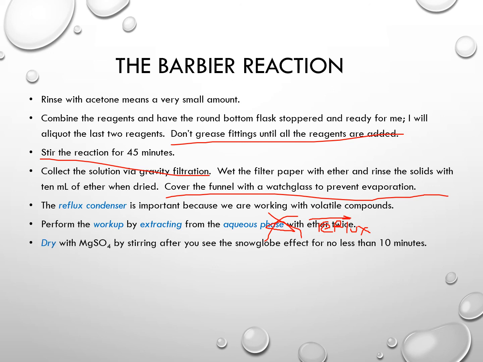Then we're going to be drying with magnesium sulfate. This time you are going to be stirring for 10 minutes with the magnesium sulfate. We just want all of the water out. Why is it different this time? Well, this time we're forming an alcohol. So we're expecting something in the IR to show up in the alcohol range.